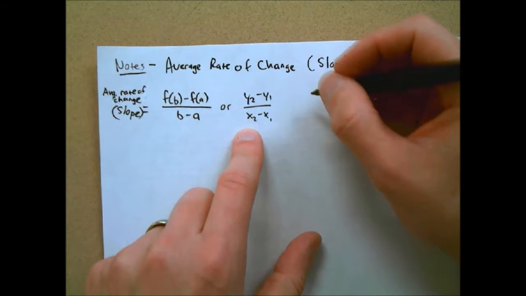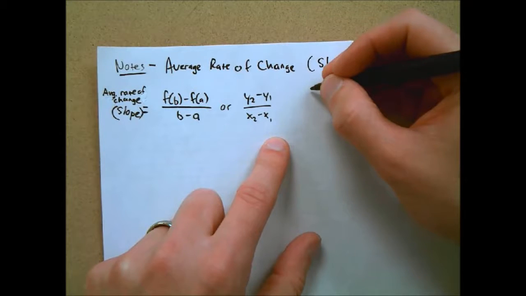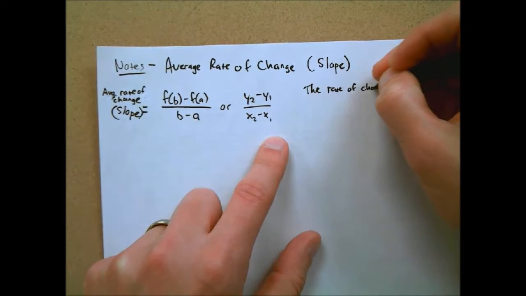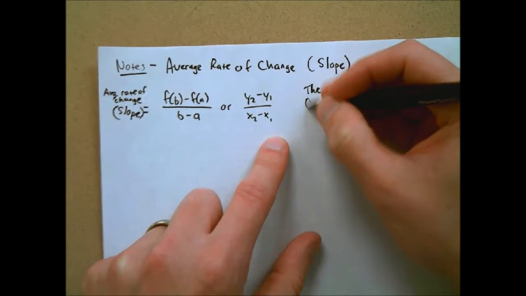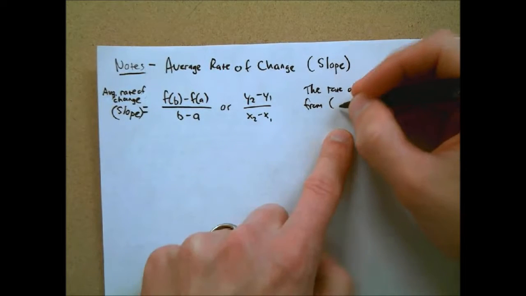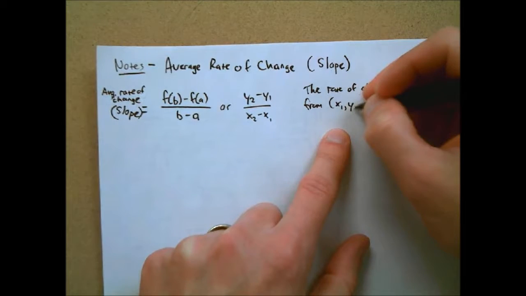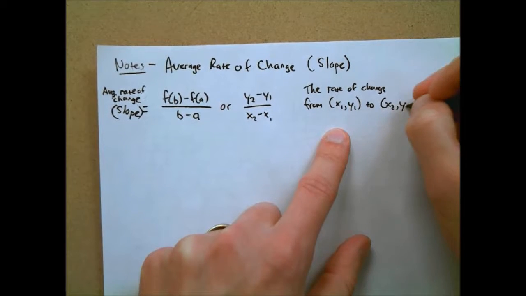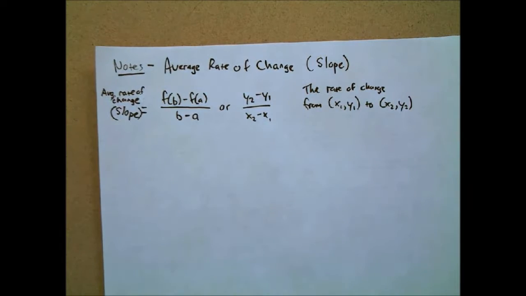So it is the rate of change from the point x1 comma y1 to x2 comma y2. Well, I should put the word average in there.